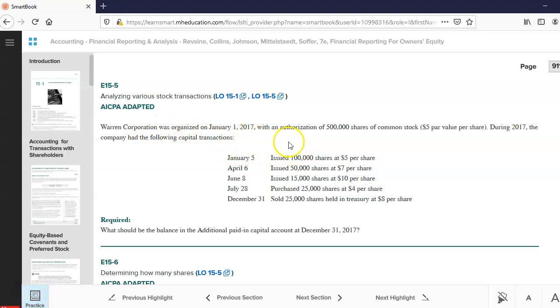So Warren Corp was organized on January 1 of 17, authorized 500,000 shares of common stock at $5 par value per share. During 17, the company had the following transactions. You can see they issued shares 3 different times. They purchased some shares, and they sold some shares that were held in treasury. Okay, so very common types of transactions that a company might do.